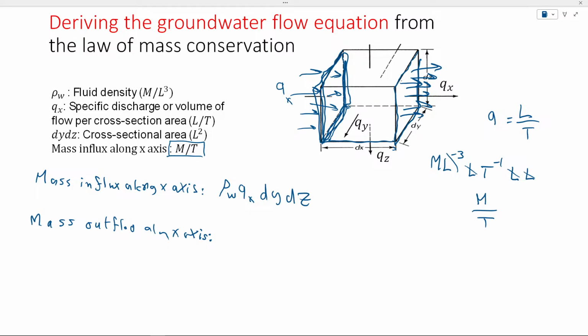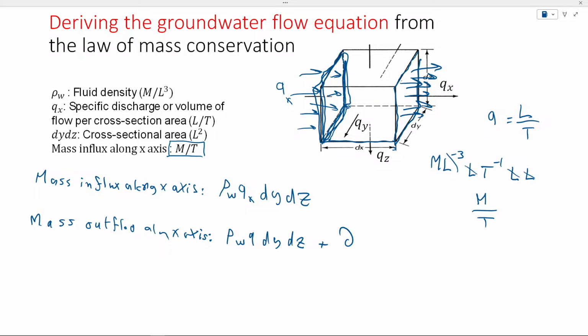So again, that would be what's coming in, rho Qx dy dz, and whatever is changing inside this volume. We've seen this before in the conservation of mass, if you remember, when we looked at the divergence theorem.